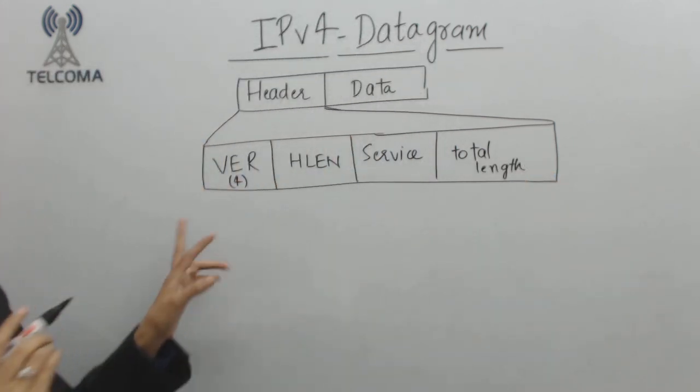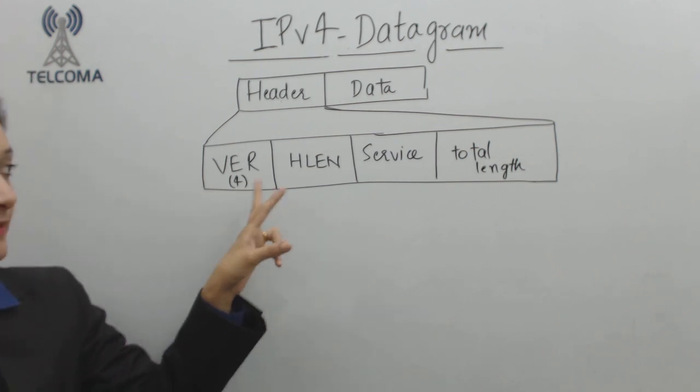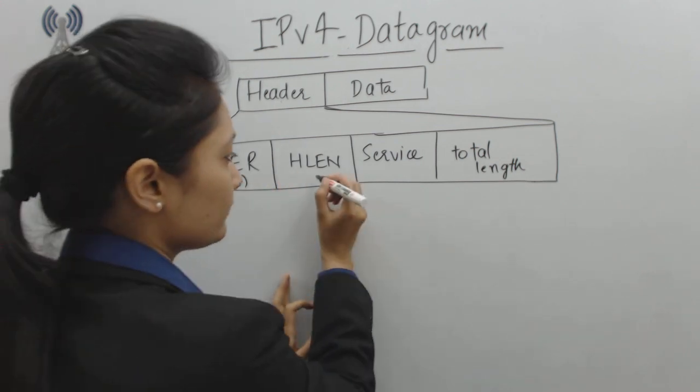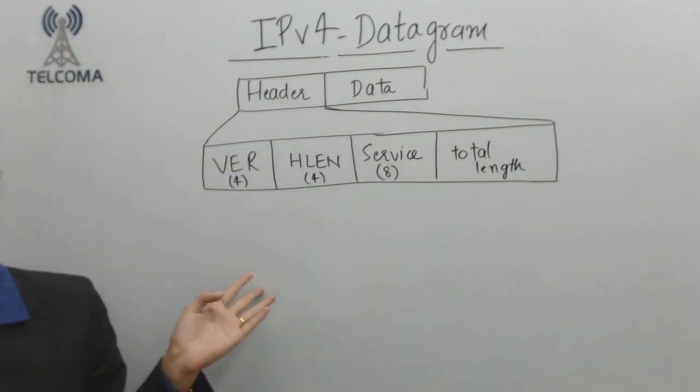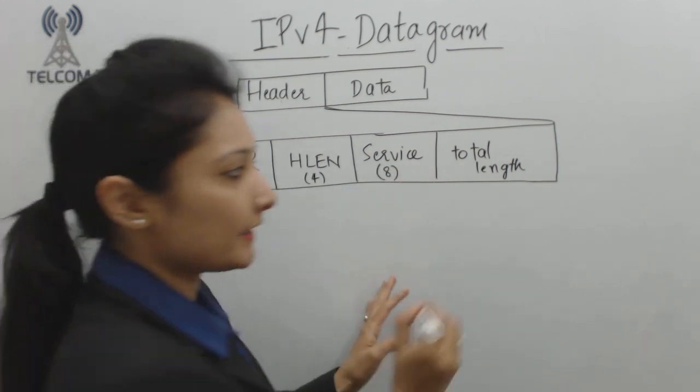First is the version, 4 bits. Then you have the HLEN, which is the header length, then the service field, and then the total length.